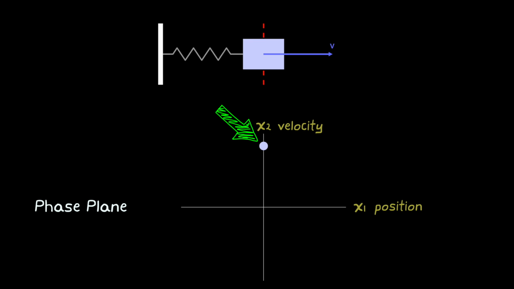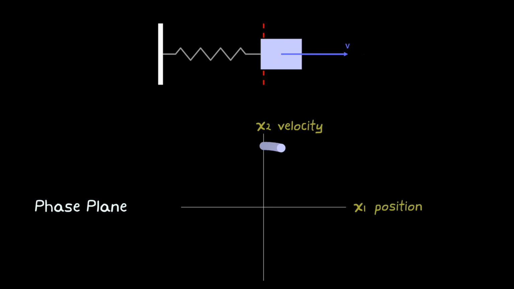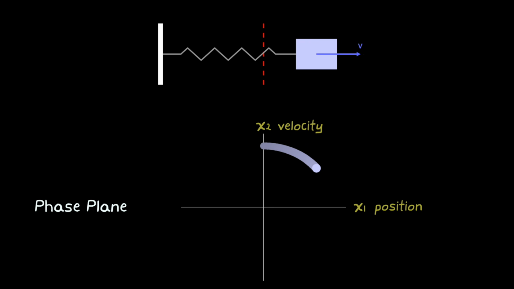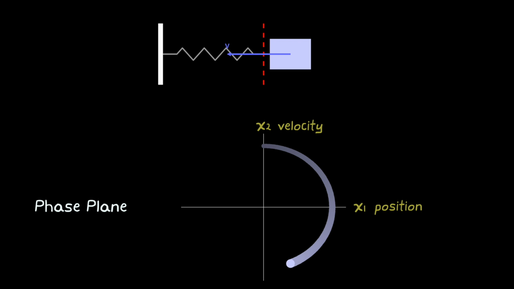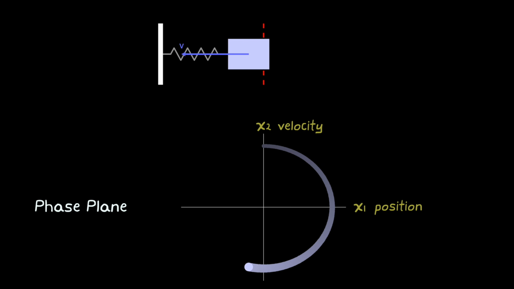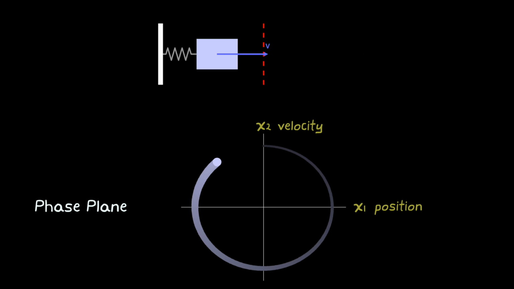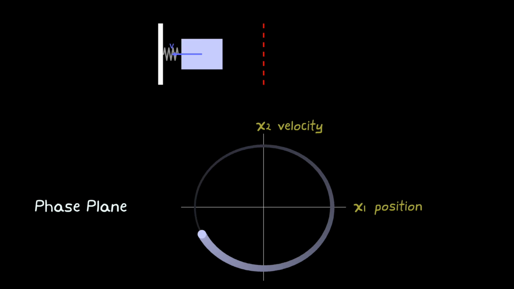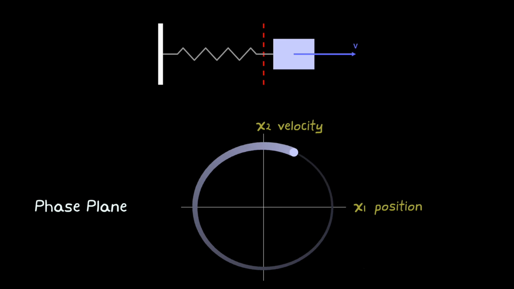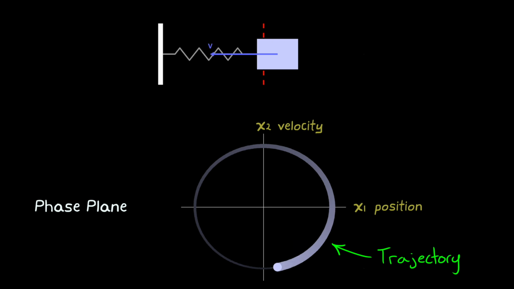So the current state of the system in the phase plane diagram is right here. Now, as we move forward in time, the velocity goes down and the position increases to the right. Then the velocity becomes negative and the mass moves back, and this eventually completes a circle in the phase plane. And like we said earlier, there is no damping, so we're just going to go around this circle forever. And this path that is traced out is called a trajectory.